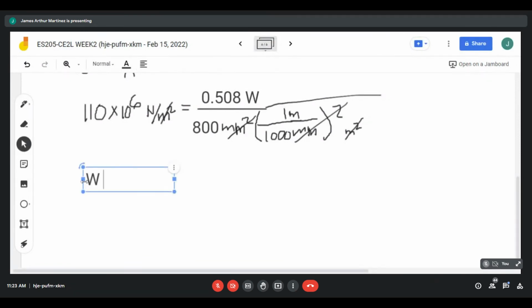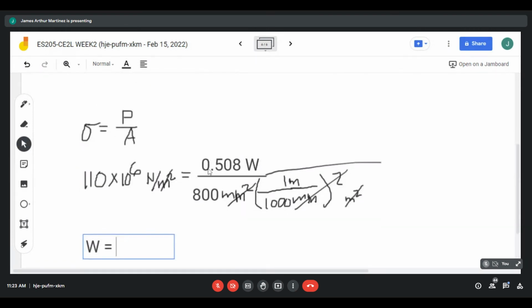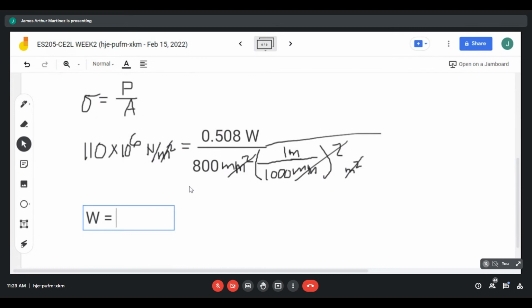So W, or the weight, for bar AB, the maximum capacity of bar AB, is found from 110 times 10 to the power of 6 equals 0.508 W divided by 800 times 1 over 1,000 squared.